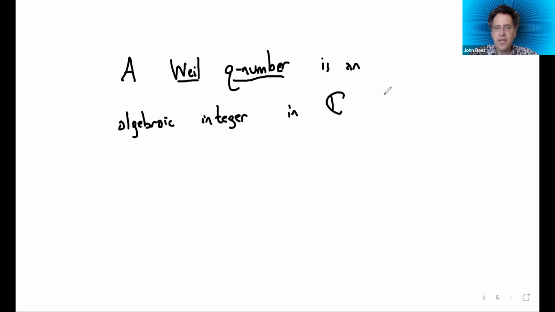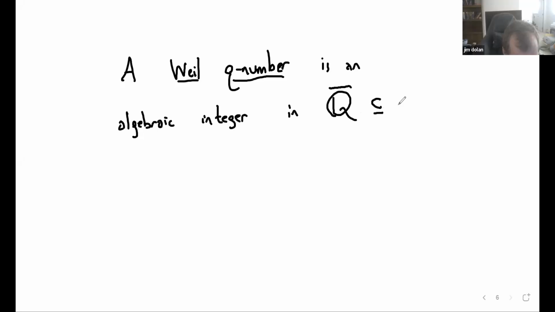Because it's an algebraic number, let's think of it as in Q-bar, and I'm picking an embedding of Q-bar in C.